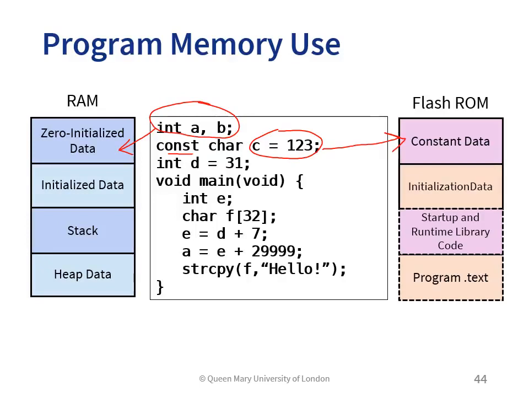And D is a global static variable with an initialized value. So it's clear we are going to put D in initialized data, but at the same time we have to prepare the value 31 in our ROM so that we know what data to load to D when the program starts. Therefore 31 will be loaded to initialized data.